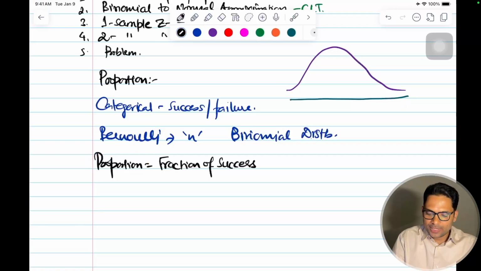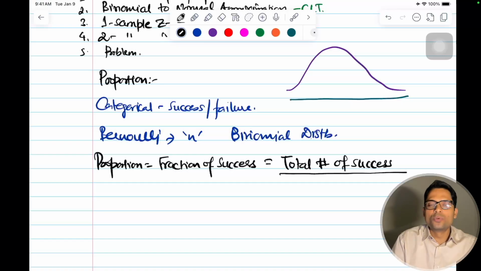So that will be equal to the total number of successes in n trials, whatever we define as our success, divided by the total number of observations or samples. This is what proportion means.